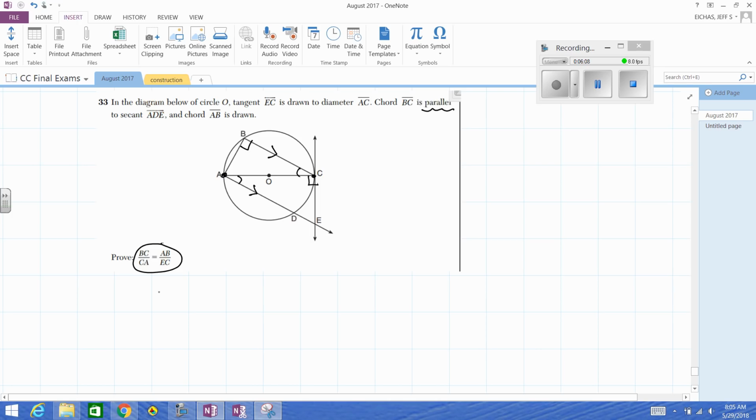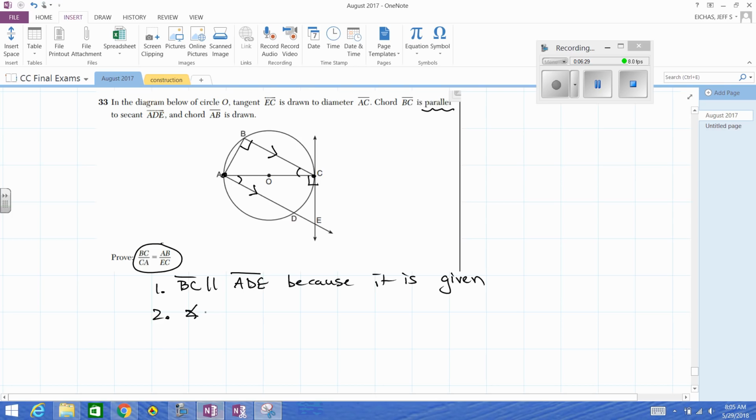Okay, first, I would say BC is parallel to ADE because it's given. Okay. What we have, number 2. Oh, okay.